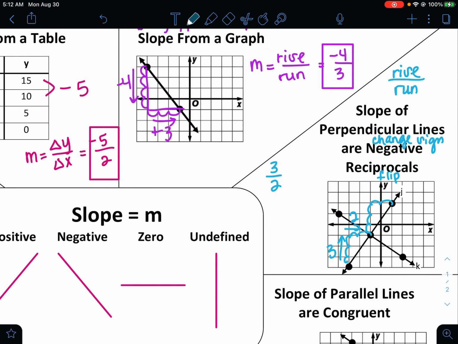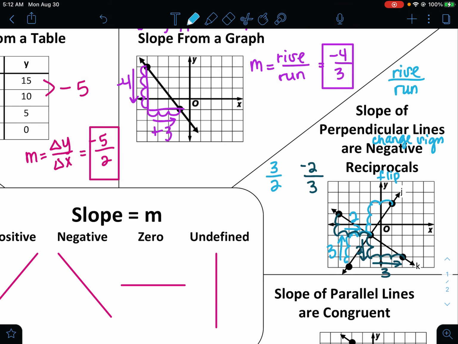And if we look at the negative line, this line is going down 2, and then to the right 3. So down 2 is -2, the right 3 is +3.